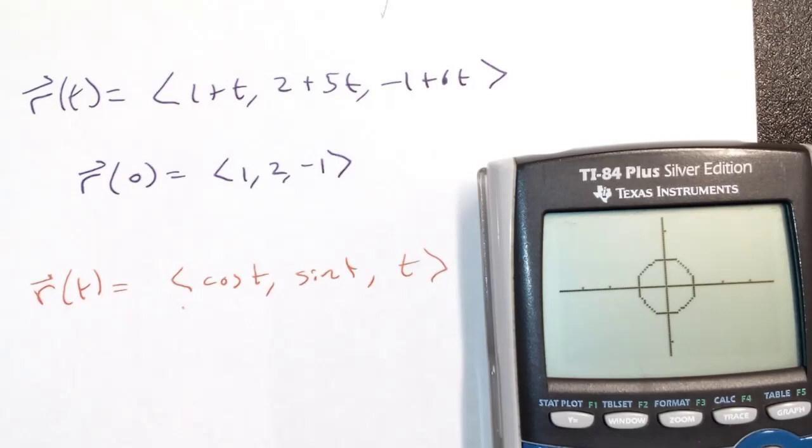X-axis, y-axis, circle. But this part, this extra t here on the end, says that as I go around the circle, my z value should do what?